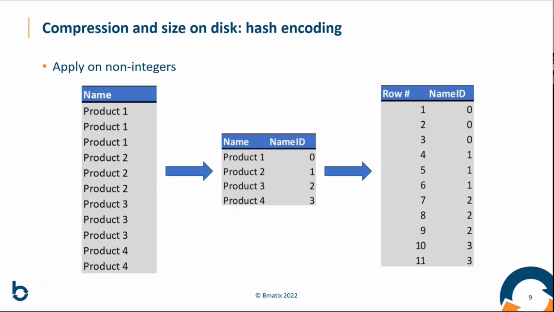If you want to decompress this, it becomes very simple because you have a much smaller column here, and you can look up row numbers 1, 2, and 3. The ID is 0. Then you go to the hash dictionary and look up which value corresponds to the 0 ID. That's product 1, and that's the way that you reconstruct it from disk back into memory, and vice versa.